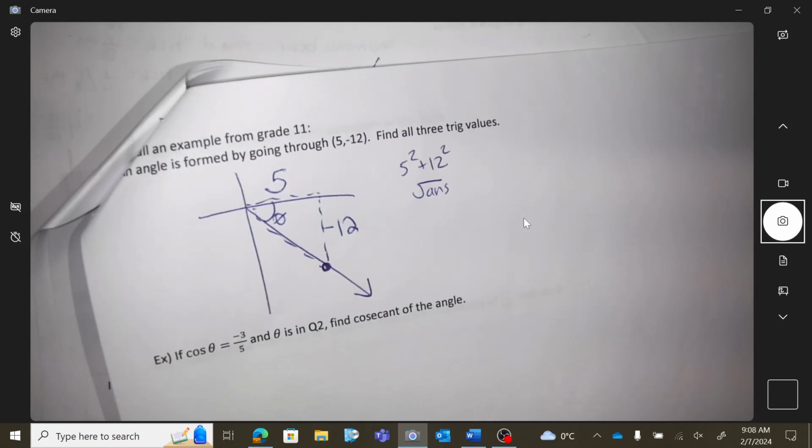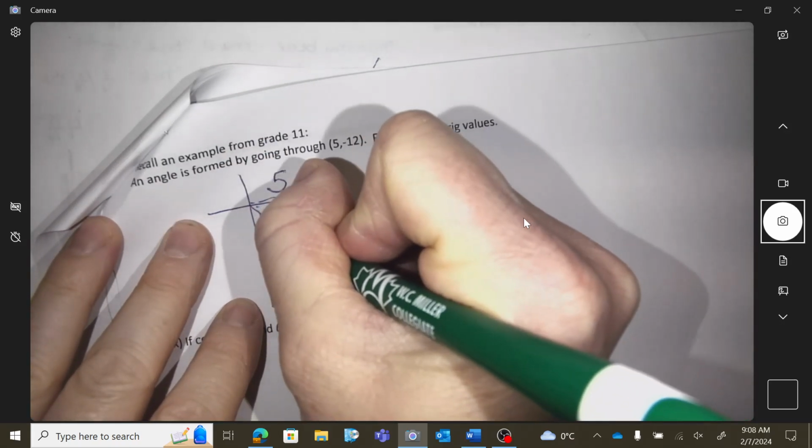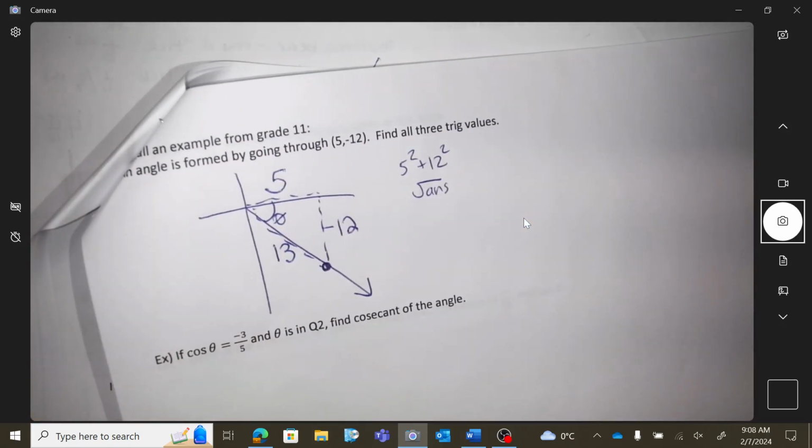Alright, so that's what you're doing to get that third side. And a radius would never ever be negative on a circle, right? That's a radius, so it will always be positive no matter what. Are you coming up with a 13?